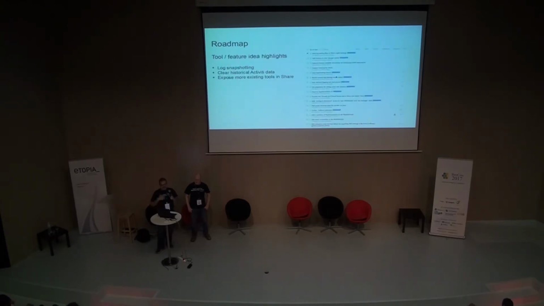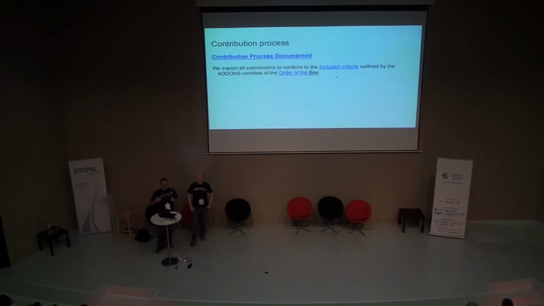Then things that we are working on and hope to get help with are log snapshotting, so you can click a button, go reproduce some problem, click the button again, and it'll download the log in between the start and the stop events. Also clearing historical activity data, exposing more of the tools that we have from the repo side and Share, and of course, continuing to improve what we have and getting ideas and hopefully contributions from you all, so it can be a live, active project.